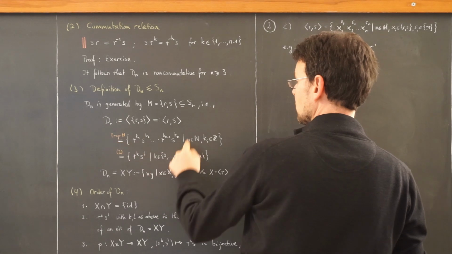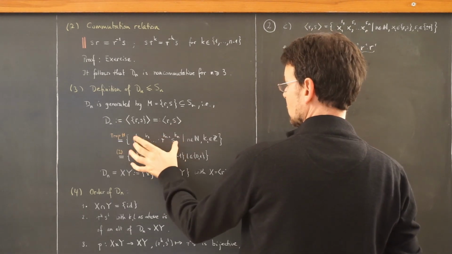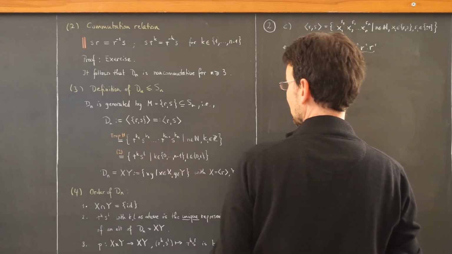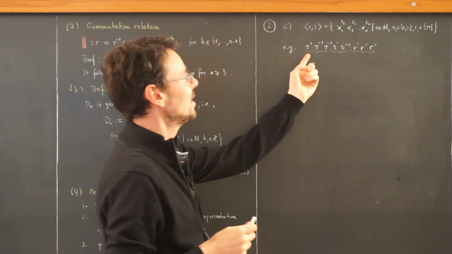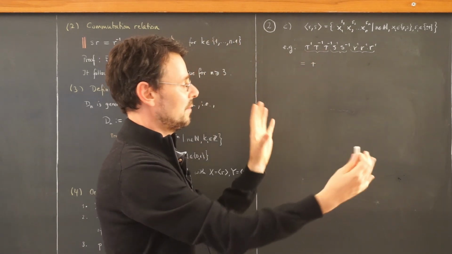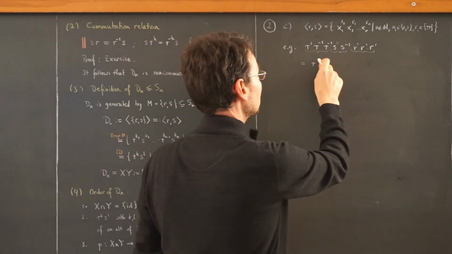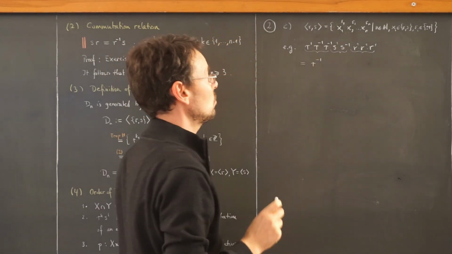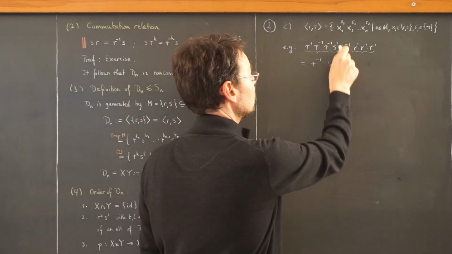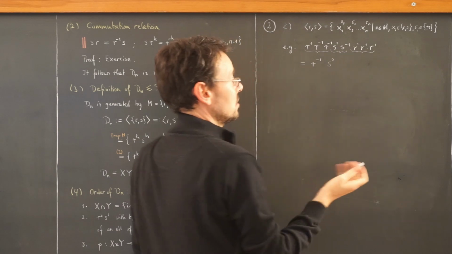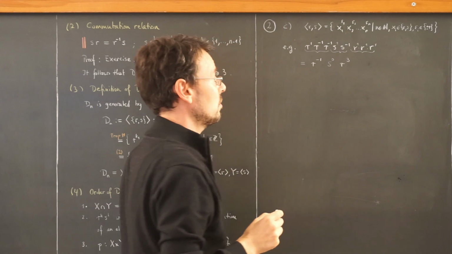Now what this means is, this is not the definition of the group generated by these two elements, but here something already happened. So here is already a step missing. For example here, I take all the R's that are neighbors to each other, and this would give me R to the 1, minus 1, minus 1, so R to the minus 1. This would give me S to the 0, and this would give me R to the third power.